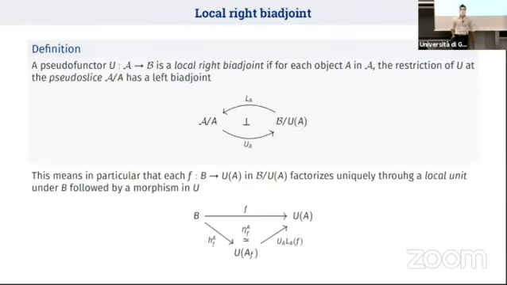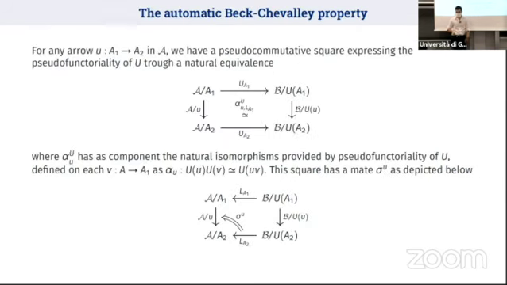I will say that a pseudofunctor is a right bi-adjoint if its restriction at each pseudo-slice has a left bi-adjoint. This means that any map towards the range of your functor will factorize in a unique universal way through a canonical invertible two-cell as a local unit, followed by a map in the range of your functor.